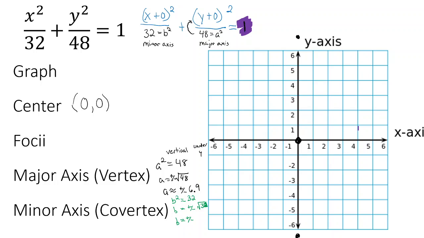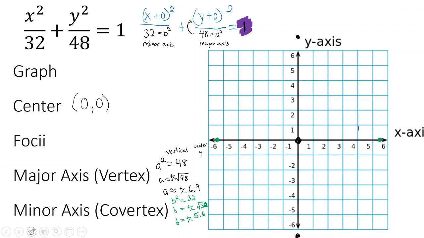Well, let's give it a try on my calculator. I'm not as confident as I was about the last one. So square root of 32 equals 5.6. So still about 5.5. So I'm going to go 5.5 to the left, and I'm going to go 5.5 to the right.